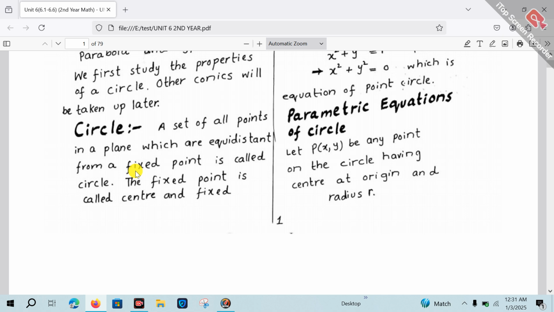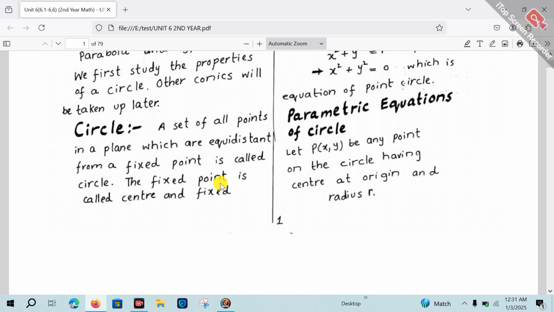This is called constant. So a set of all points in a plane which are equidistant from a fixed point is called a circle. Now we define some other terms together with this definition of circle.